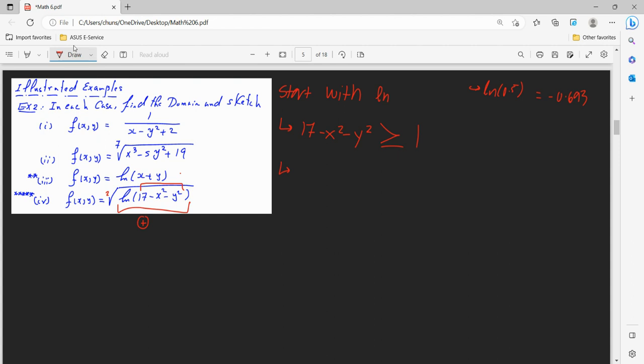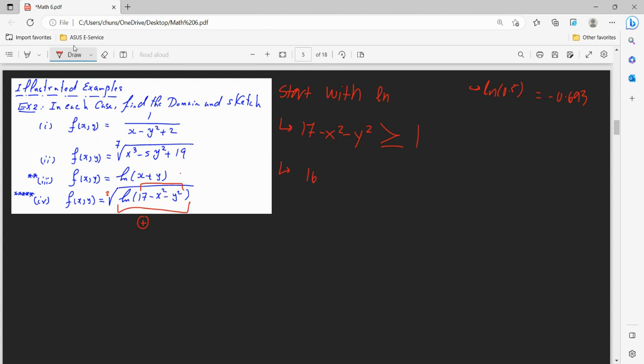So if we rearrange, this will give us x squared plus y squared. And then let's move that 1 over. Actually, let's move all of it over. Okay. Hold on.